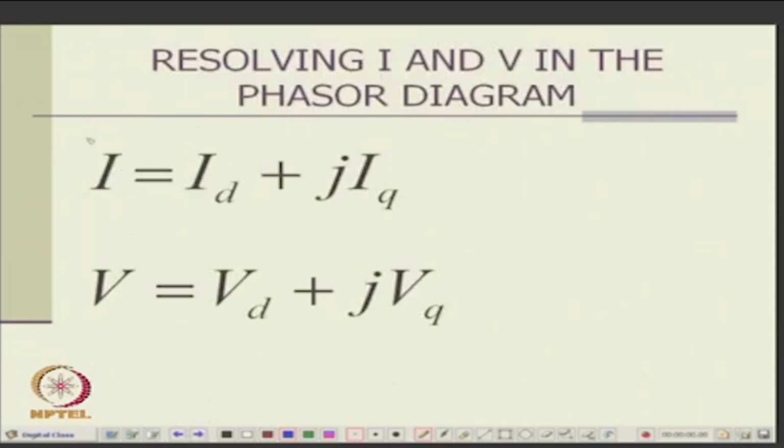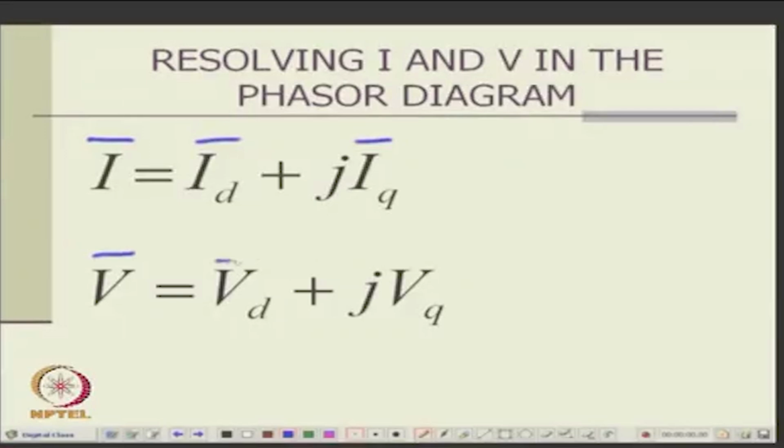And you know that I is ID plus j IQ, isn't it? The current will be ID plus j IQ, and ID is derived from the D axis transformed current when modulated into the stator frequency. Okay, that is what you do. And we have already studied V equal to VD plus j VQ.